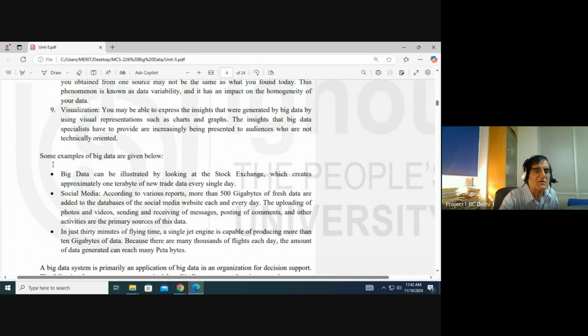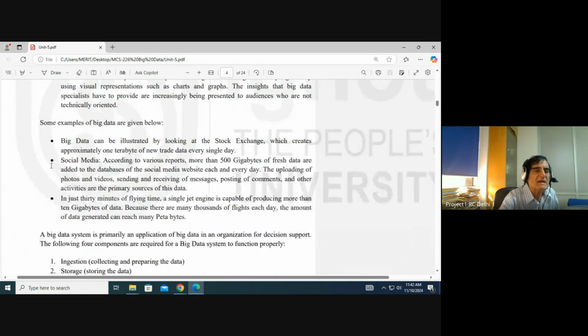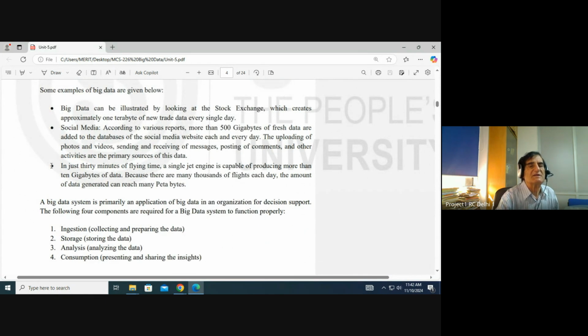Social media, according to various reports, more than 500 gigabytes of fresh data are added to the database each and every day. In just 30 minutes of flying time, a single jet engine is capable of producing more than 10 gigabytes of data, and there are many thousands of flights each day. The amount of data generated can reach many petabytes now.